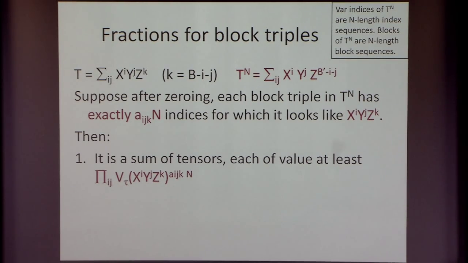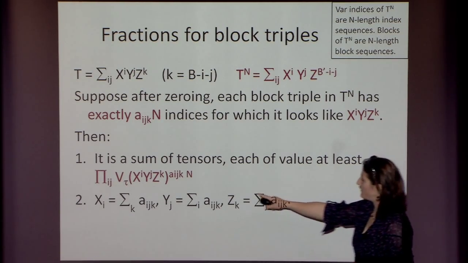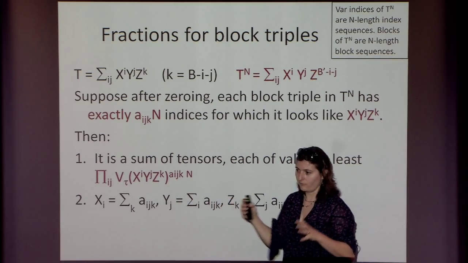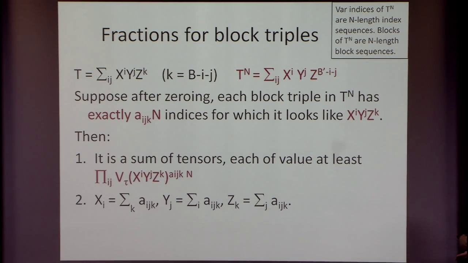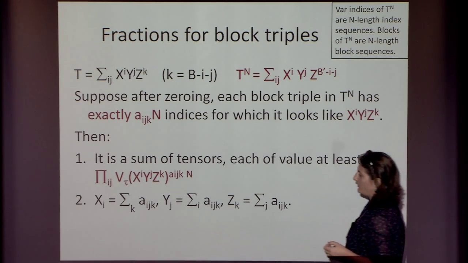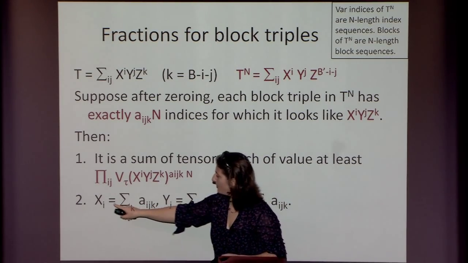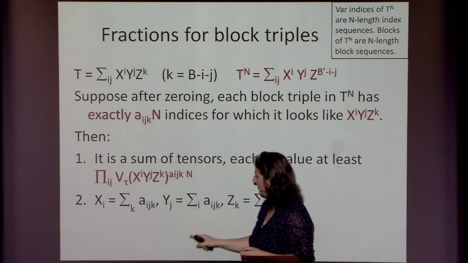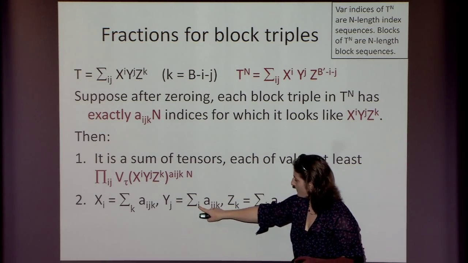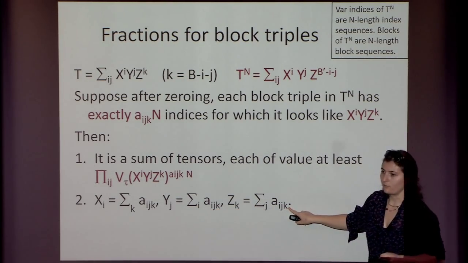And what's the relationship of a_ijk, of these fractions of the triples, to the fractions of the blocks that I zeroed out? It's actually a linear system. The sum over j,k of a_ijk is exactly x sub i. The same holds for y_j, with the sum over i,k, and the same holds for z_k.